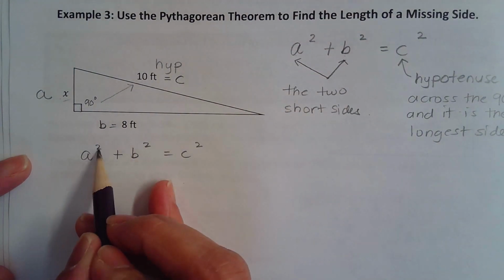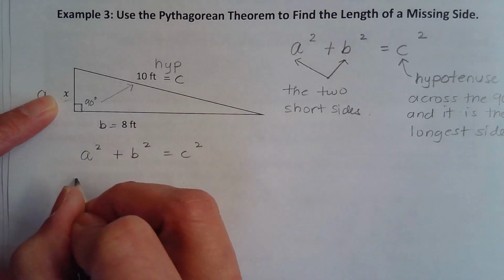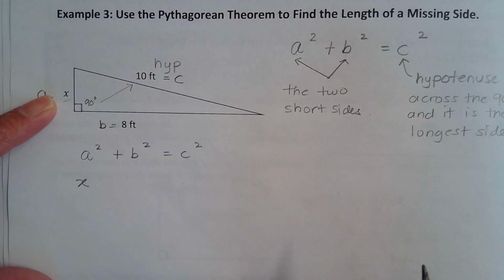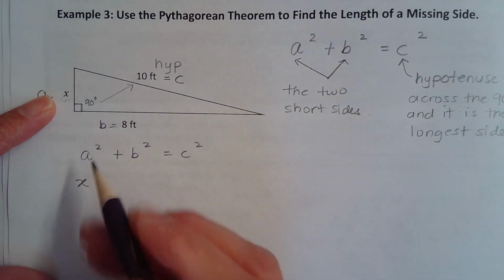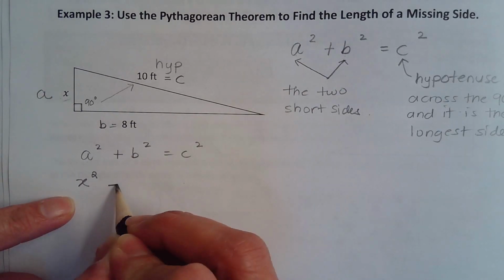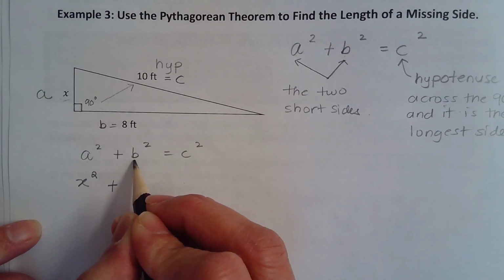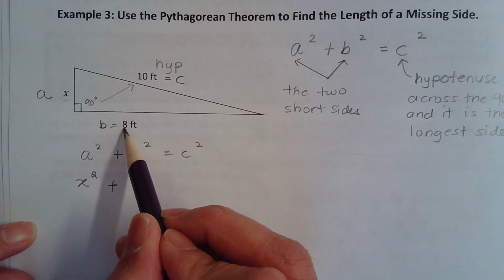So a squared, what do we replace the a by? We're going to replace it with the x. That's the number that we're trying to figure out. So x, and then we square that. So using the formula, x squared plus b. What do I replace the b with? We're going to replace it with 8.